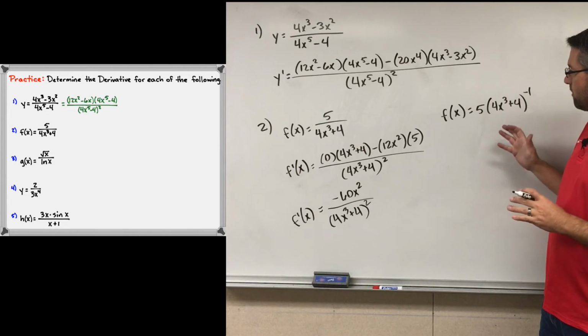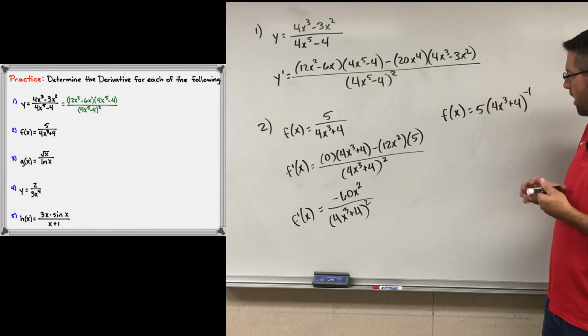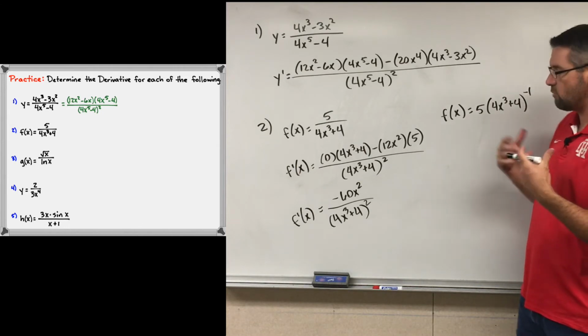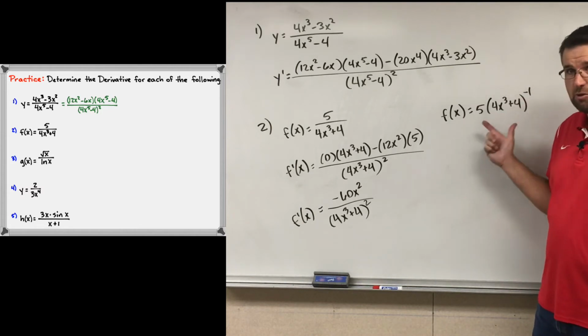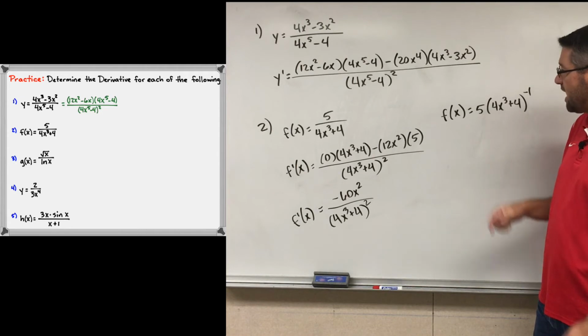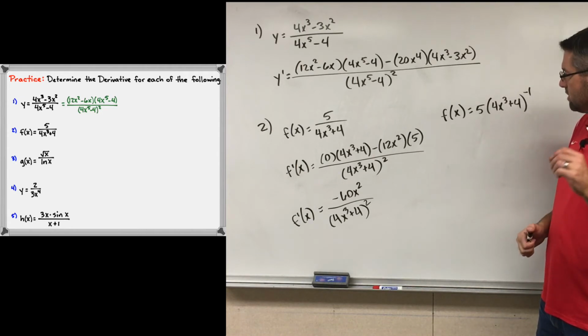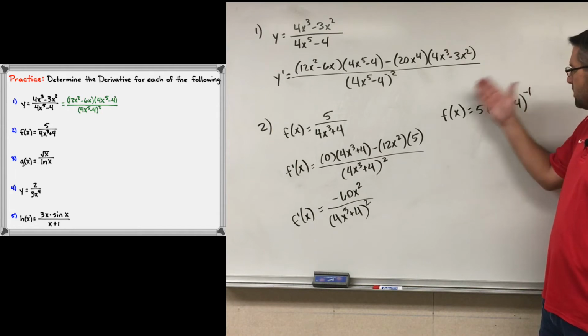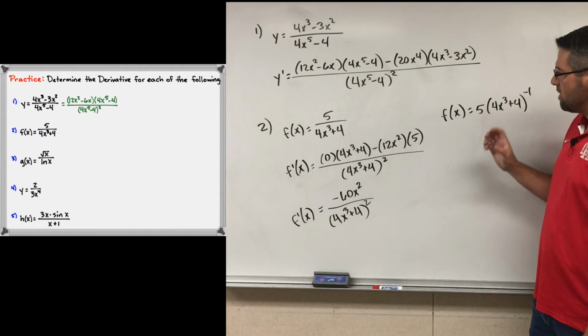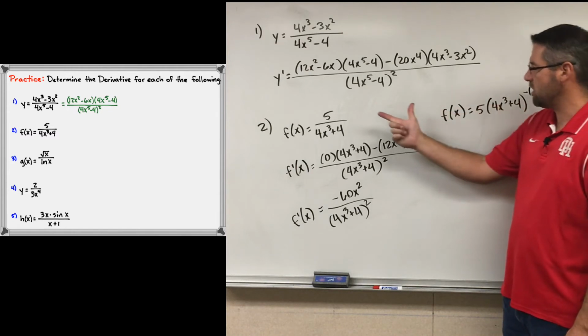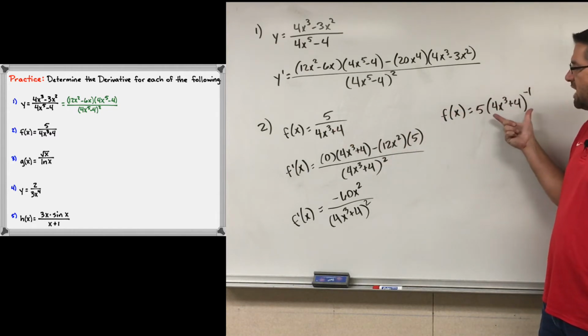Now from here, I don't want to fall into a trap of trying to apply rules that we don't understand yet. This is actually going to be dealing with the chain rule. The chain rule, we'll get to that in the next unit, I believe. I can't really do this right now in front of you, but I'm just showing you that you can rewrite an expression and find a derivative using a different rule.